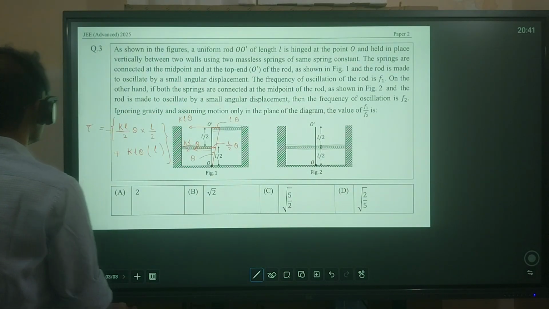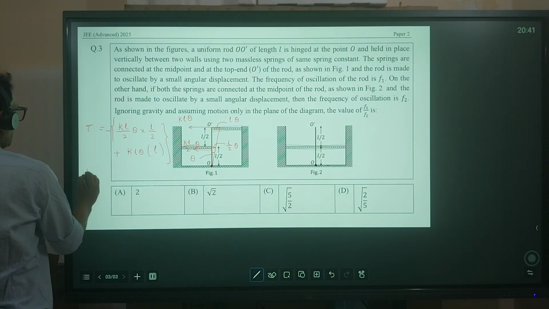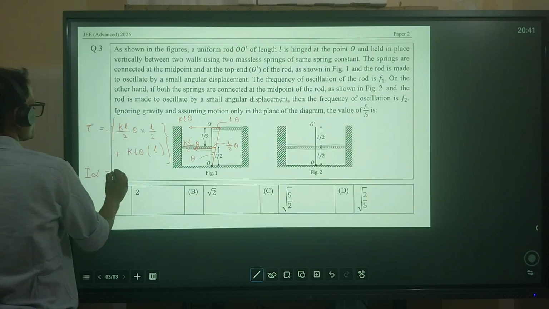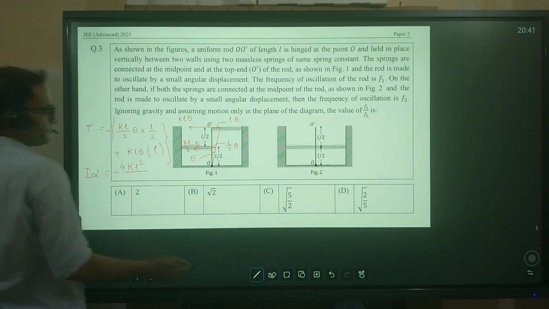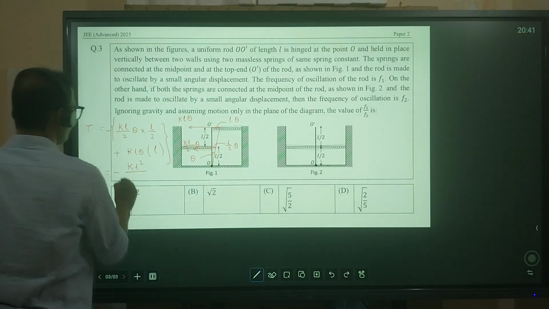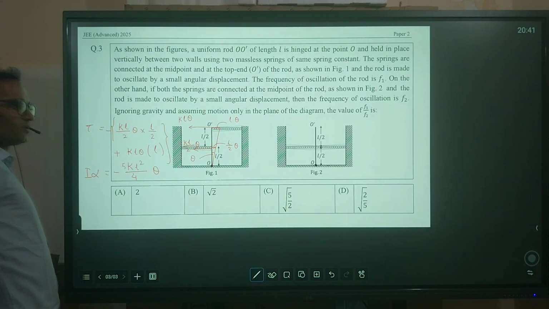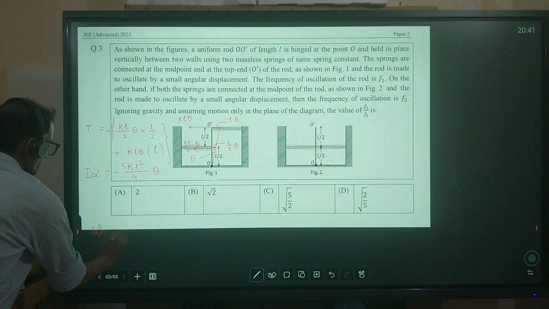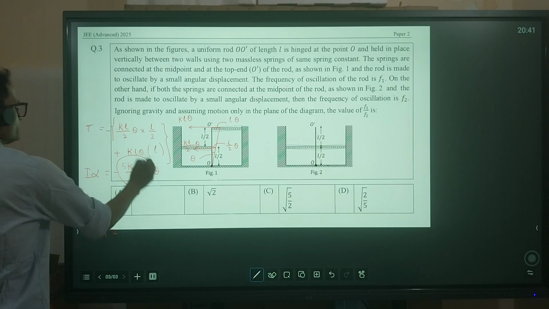If you add those two things, this torque will be I alpha, and you will get 5KL square by 4 theta. So this whole thing is omega 1 square.